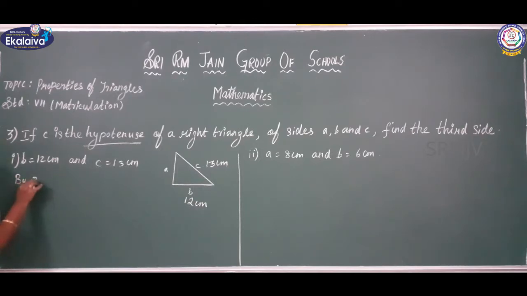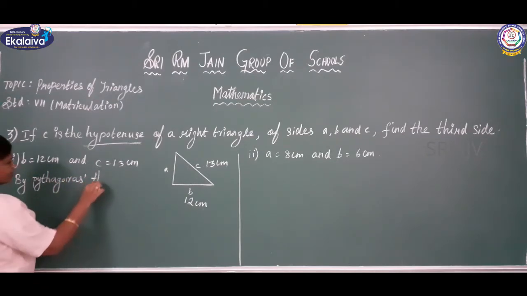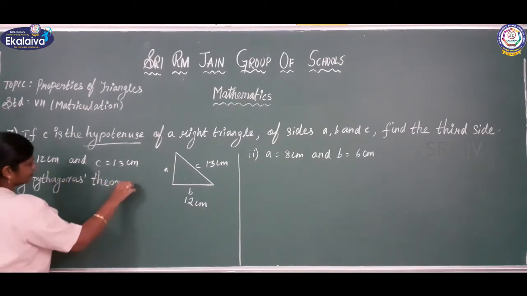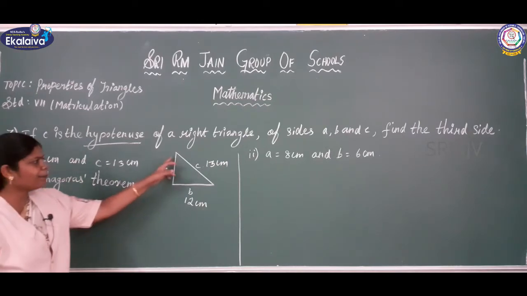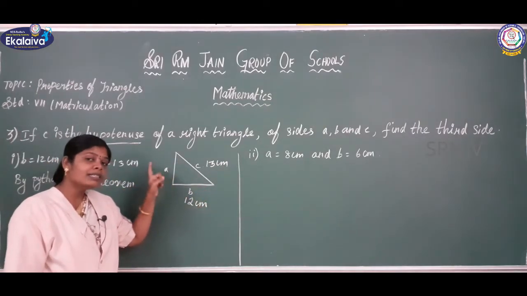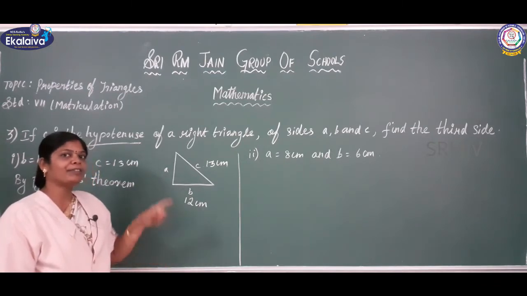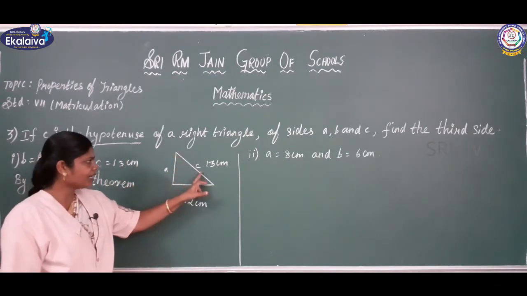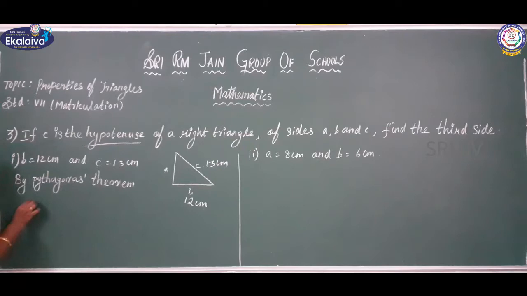So by Pythagoras theorem, the square of the hypotenuse is equal to the sum of the squares of the other two sides. So here, hypotenuse C square, C square equal to A square plus B square.